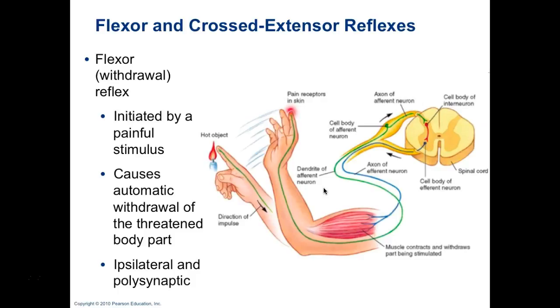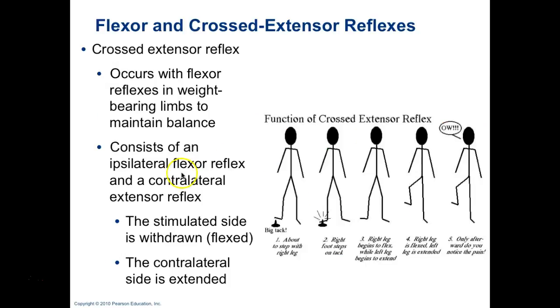We also have flexor and crossed-extensor reflexes. This is when something, usually that's painful, is going to cause our limb to withdraw or move away. And this is always going to be ipsilateral and polysynaptic. This is our crossed-extensor reflex, where if we have a painful stimuli, let's say to our right lower limb, that's going to cause the flexor reflex.